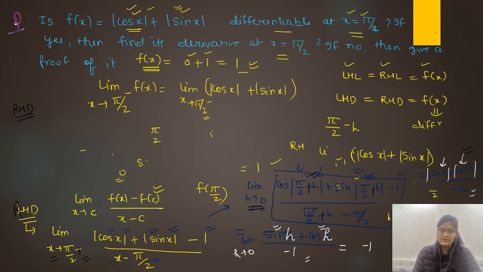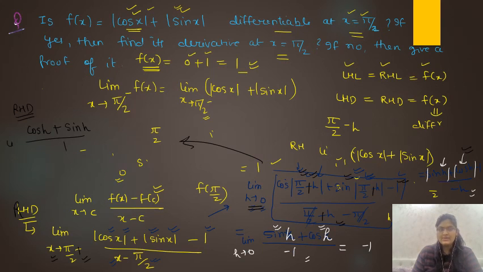Then here sin 90 plus theta is sin theta, and in the second quadrant sine is positive, right? Then differentiation of minus 1 will be 0. And in the denominator differentiation of h is 1.